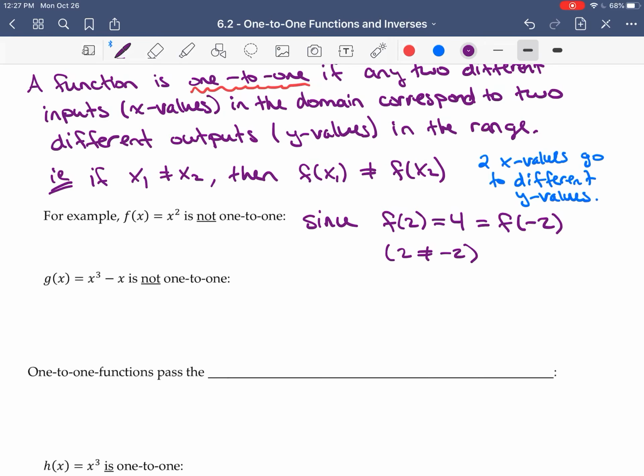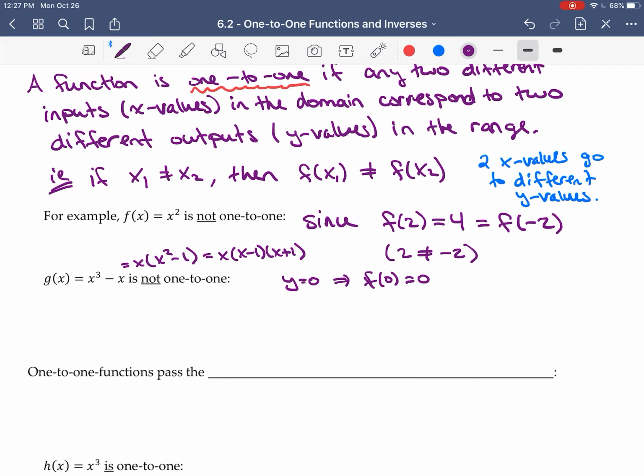Okay, another example is x cubed minus x. You can factor this, and you can factor it even further. If I look at where y equals 0, we know that f of 0 is 0.